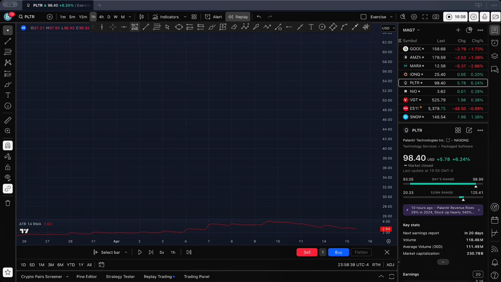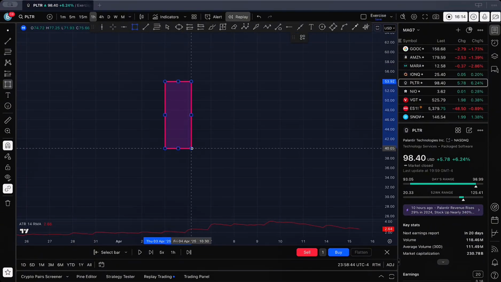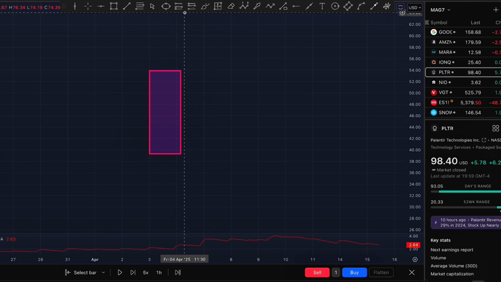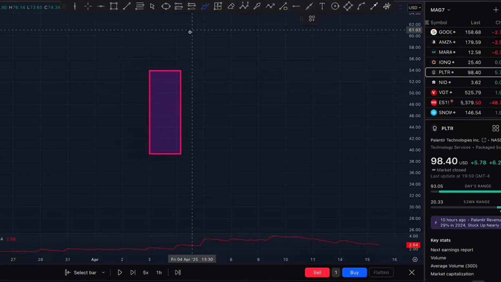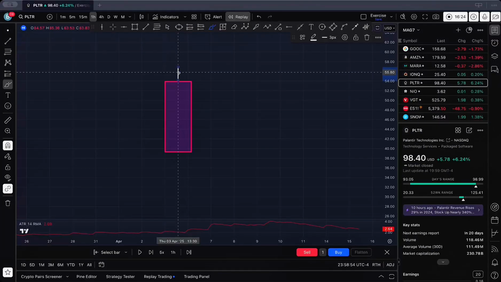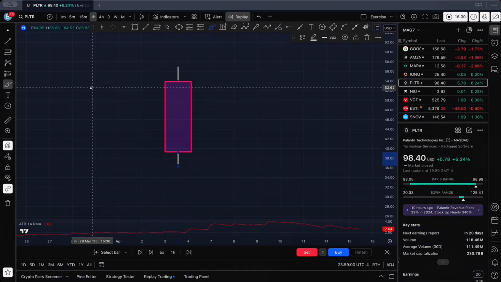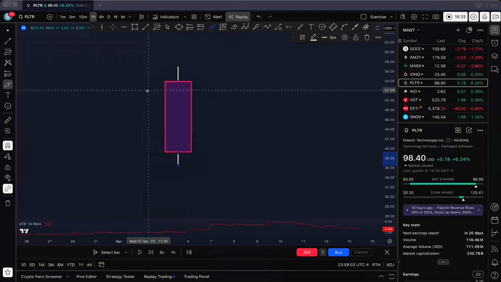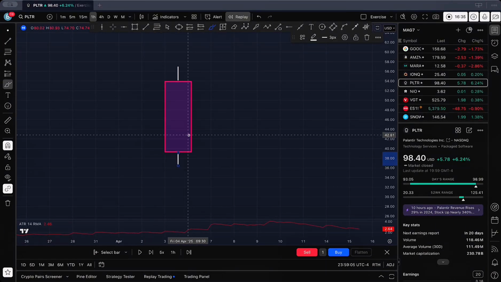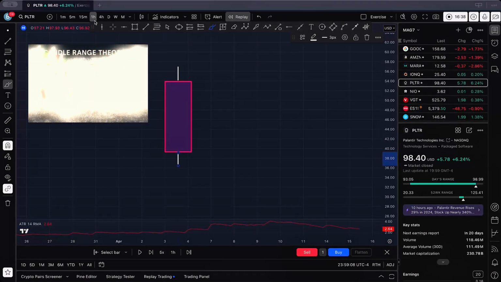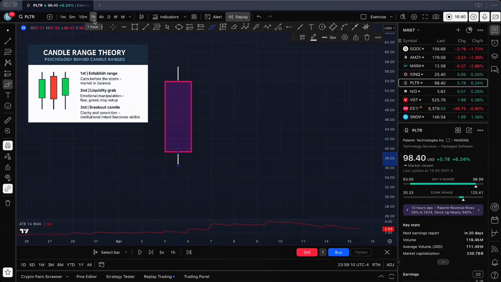Let's say, for example, that we have this bearish candle with its corresponding shadow or wick. The first thing that we have, when we have the candle here, let's say we are in the 1 hour time frame.